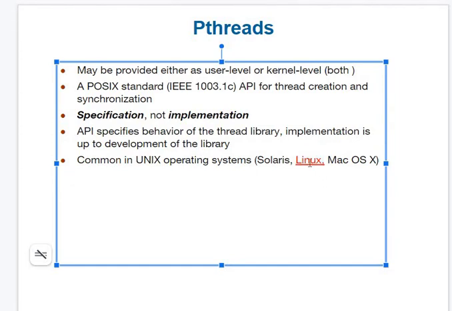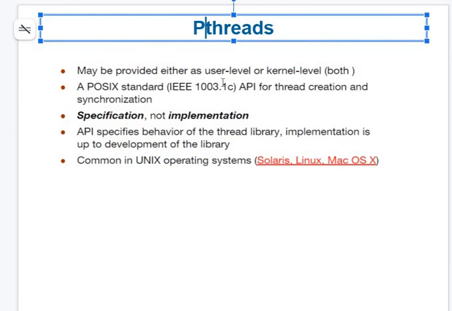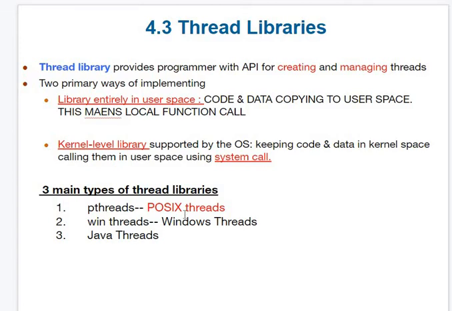The other systems which provide Unix or Linux are Solaris and Mac OS X. Since we are not much familiar with Solaris and Mac OS, we are studying Linux, so I will take the help of the Linux knowledge we have and try to explain a few things. What do you mean by Pthreads? Here you see, Pthreads means POSIX threads, Portable Operating System Interface, that's given by X.